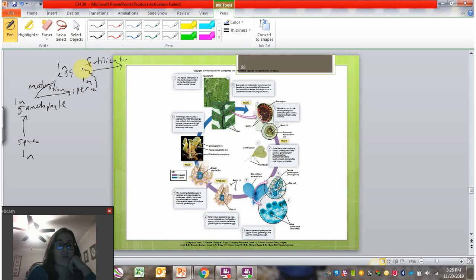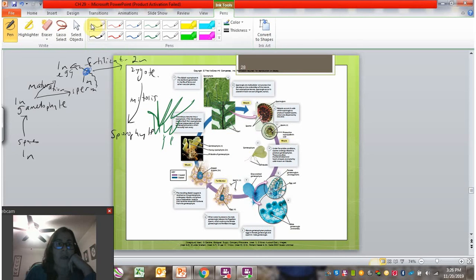Let me just show my little sperm swimming over here. Remember, it has to have water, so let me put a little blue here. There's my drop of blue for the water. And if you get the fertilization, you get a diploid zygote. This diploid zygote then goes through mitosis and produces the sporophyte. In the case of ferns, this is our big, big fern plant.